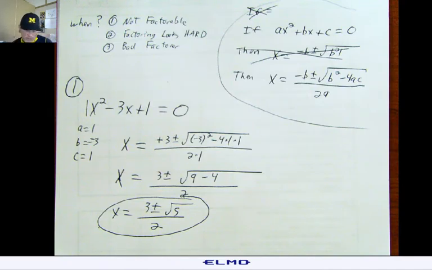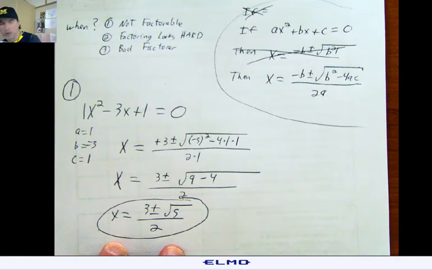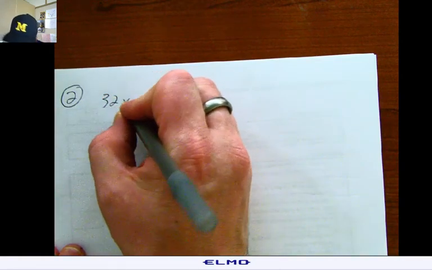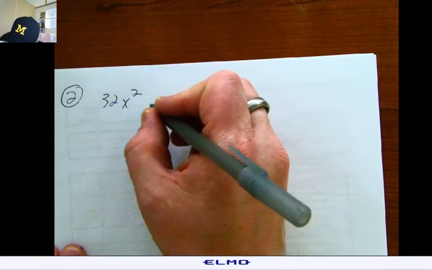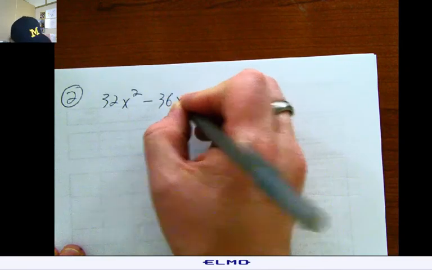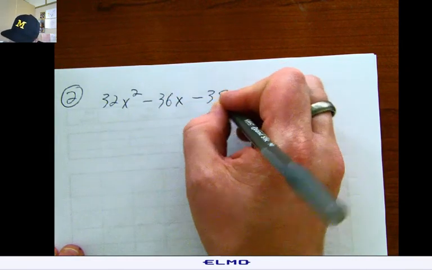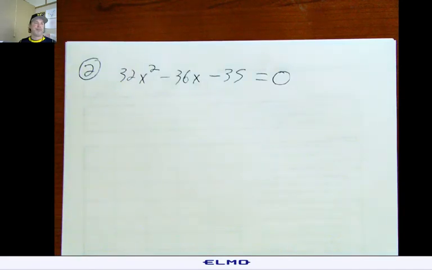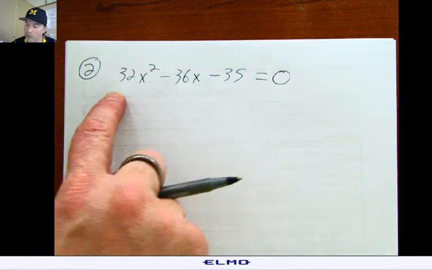Second reason, what if the factoring looks really hard? I mean really hard. Check out this example, number 2: 32x squared minus 36x minus 35 equals 0. I don't want to try to factor it. I don't want to have to multiply 32 and 35.